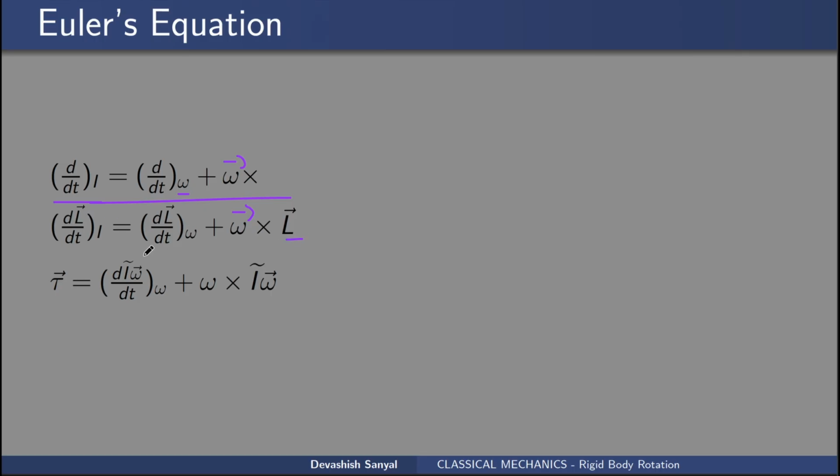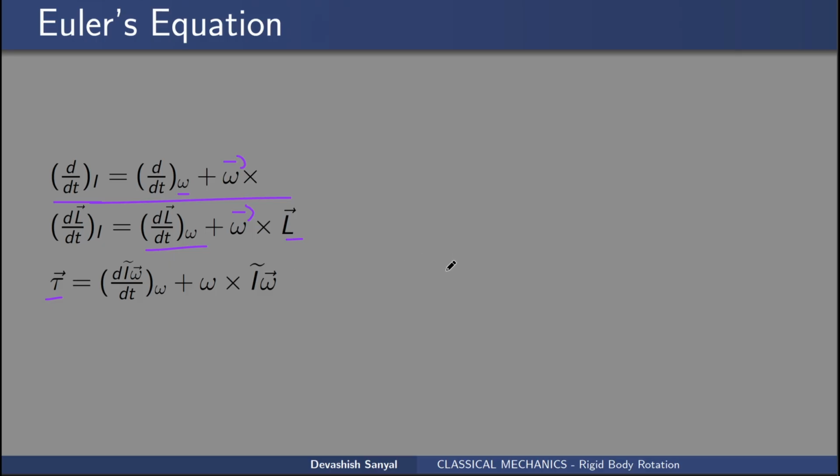If that is the case, so dL/dt is nothing but the torque, and in this case we write L as I omega, where I is the moment of inertia tensor, and now we are in a rotating frame, a frame that is rotating along with the body. If that is the case, then I is a constant.